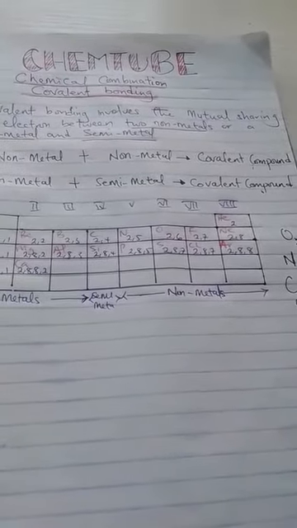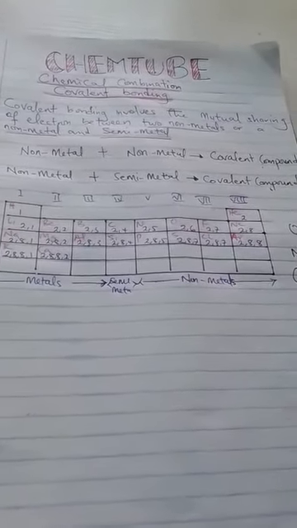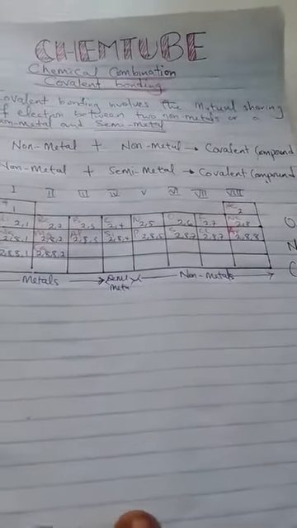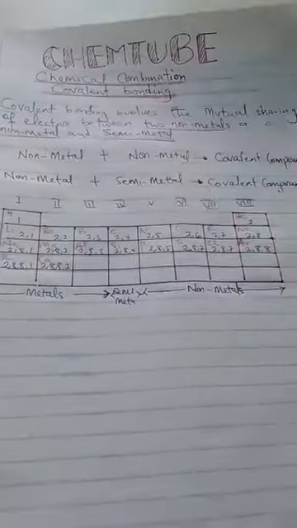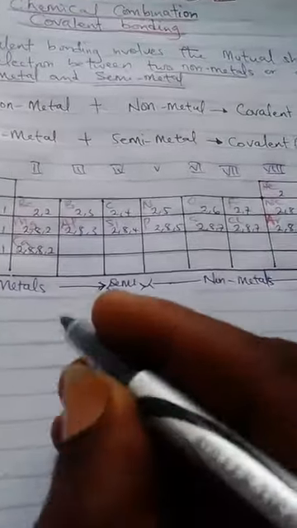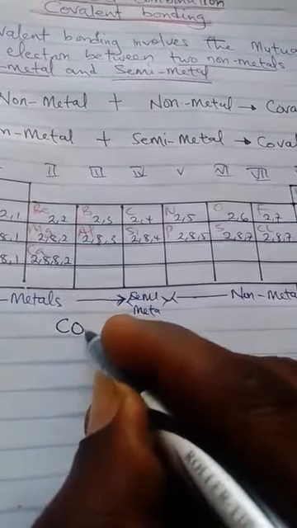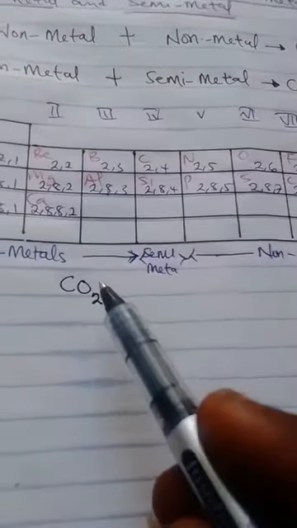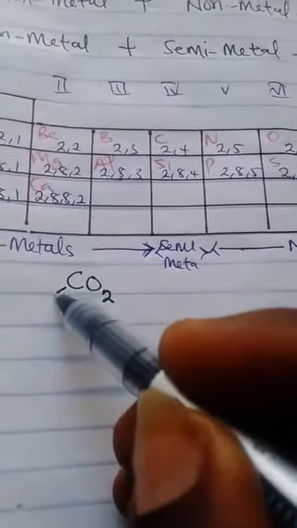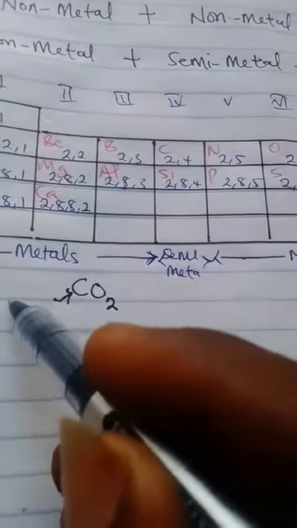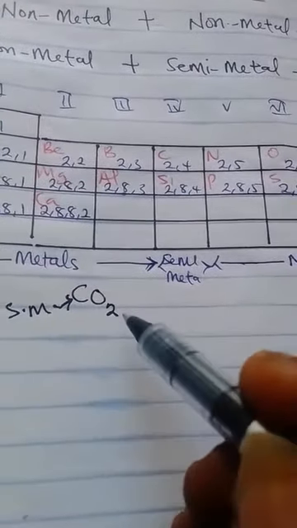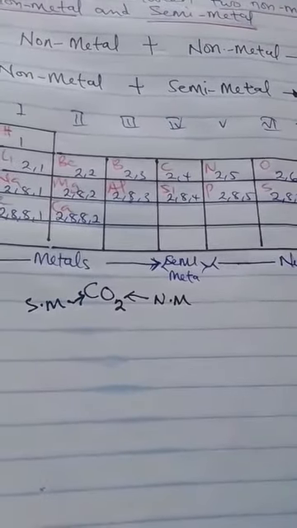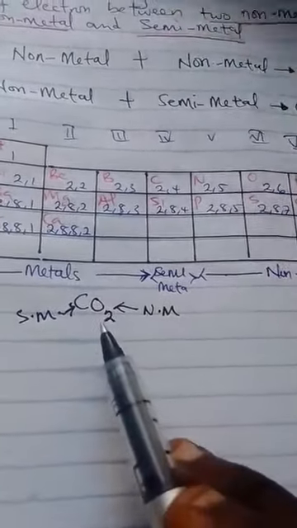Most of the time, students have problems differentiating a covalent compound from an ionic compound. So simply put, when you look at a compound, for example CO2, and you are asked what type of bonding is between them: because carbon is a semi-metal and oxygen is a non-metal, the bond between them is covalent.